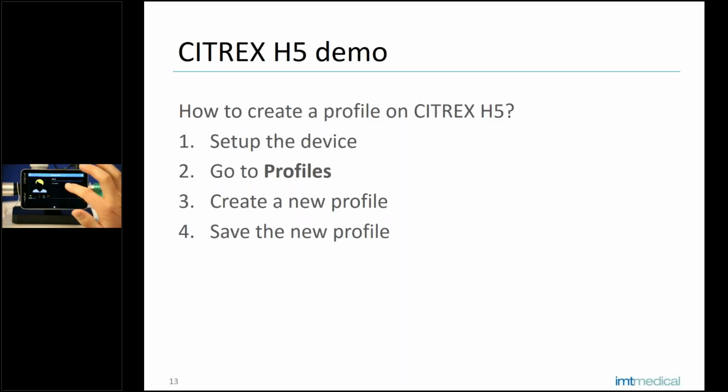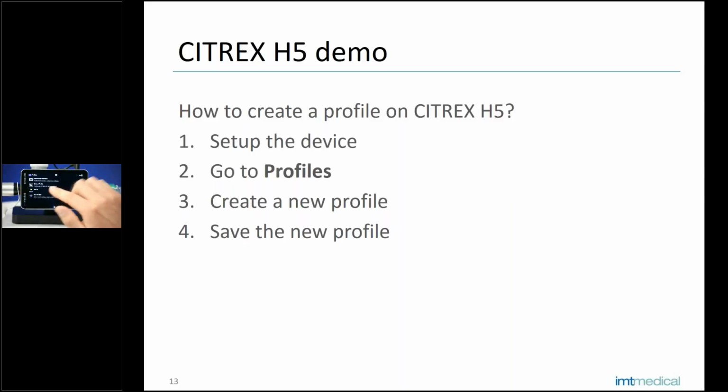I could also add a description here by typing, for instance, this is the profile to test ventilator A or whatever. I can also leave it blank. And if I hit the tick button here, I have saved this now as Vent A profile.